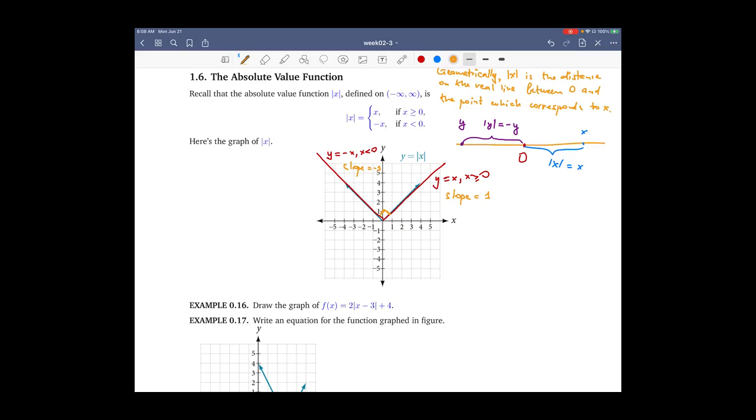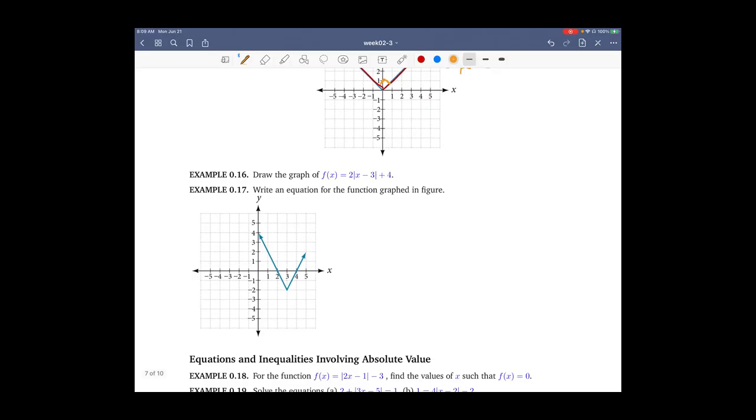The lines are perpendicular. Lines y equals x and y equals negative x are perpendicular. They intersect at an angle of 90 degrees.